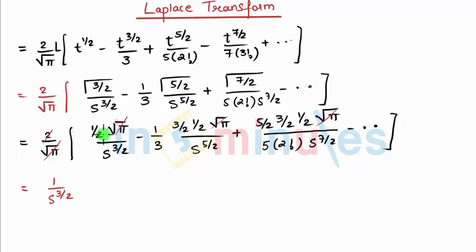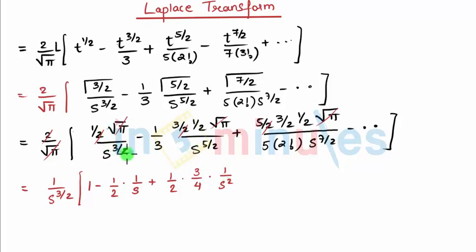So 1 upon s raised to 3 by 2, then 1 minus 1 upon 2 times 1 upon s, plus 1 upon 2 times 3 by 4 and 1 upon s square. You need to check, I'm just manipulating this and writing the terms which are remaining.